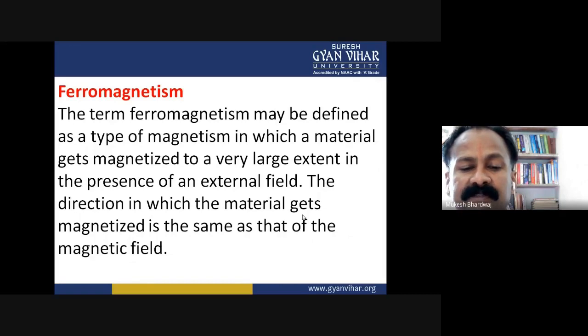Importantly, all this happens in the absence of an external magnetic field. In this section, we will discuss the temperature dependence of ferromagnetism also. Domain theory shall be discussed in another section.